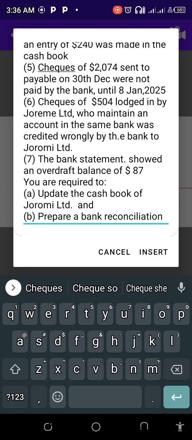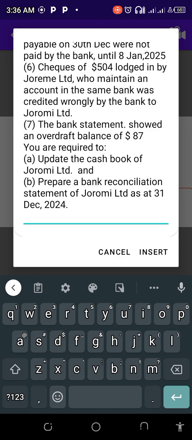Checks of $504 lodged in by Jurumi Limited, who maintained an account in the same bank, were credited wrongly by the bank to Jurumi Limited. 7.